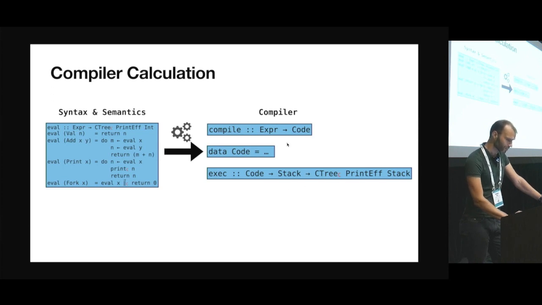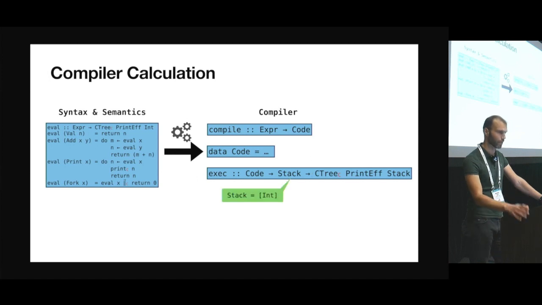So in addition, we also get the actual syntax of our target language, so the code that is produced by the compiler, along with its semantics, which is given here as this exec function that defines a virtual machine, a stack machine, that executes this code, right? So it takes a code as the first argument, and then the stack, which is simply a list of integers, and then it runs the code, and gives us how the stack looks like after we executed the code, right?